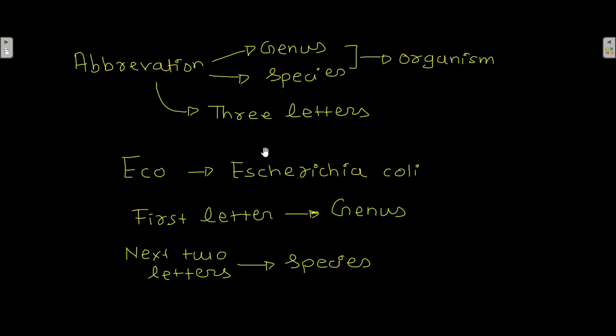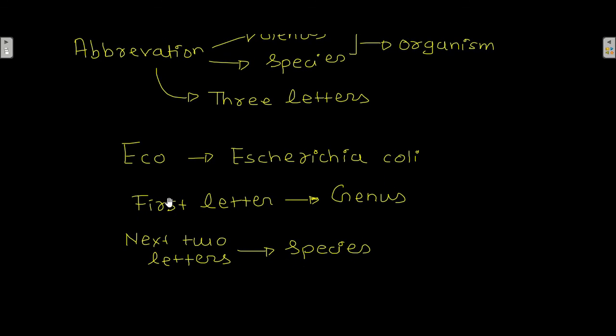For example, Eco for Escherichia coli. E represents the genus and co represents the species, coli. So the first letter in this abbreviation represents the genus, and the next 2 letters represent the species. That is how the abbreviation part of the name works.